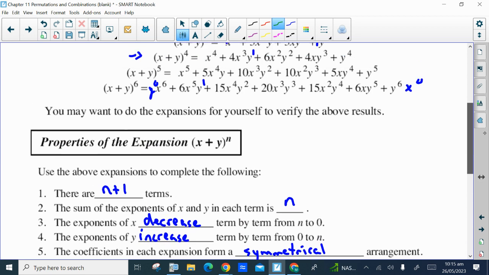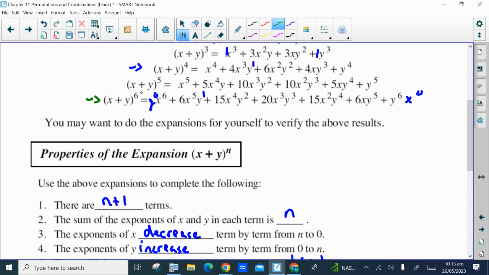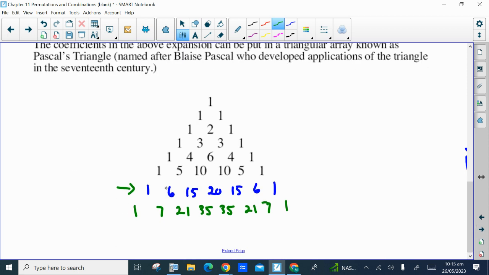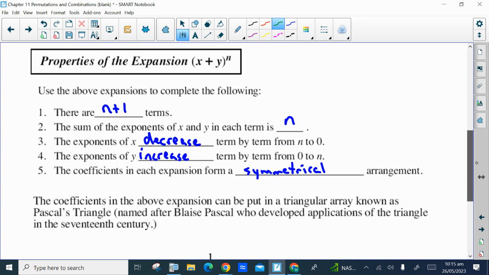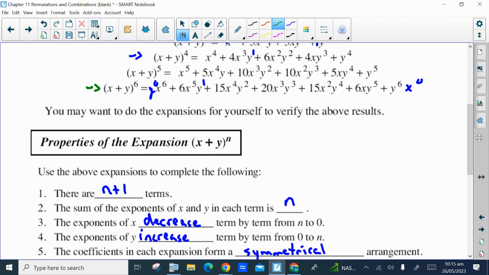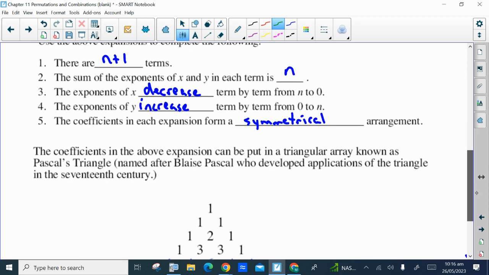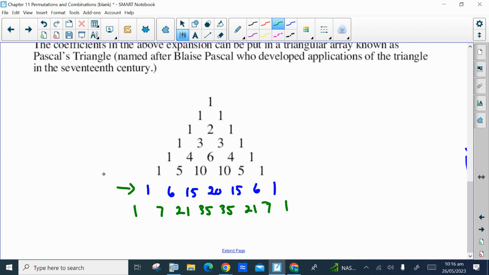Number one, with this expansion, n was 6, and that is the second number in the row. That's one way to know what row of coefficients goes to the expansion you're trying to do, tied to the value of n. The other way is that, again, when n is 6, there's one more term than the value of n. There's 7 terms. So you're looking for the Pascal's triangle row that has 7 numbers. 1, 2, 3, 4, 5, 6, 7. So that's another way of knowing which row of Pascal's triangle connects to the coefficients of an expansion.